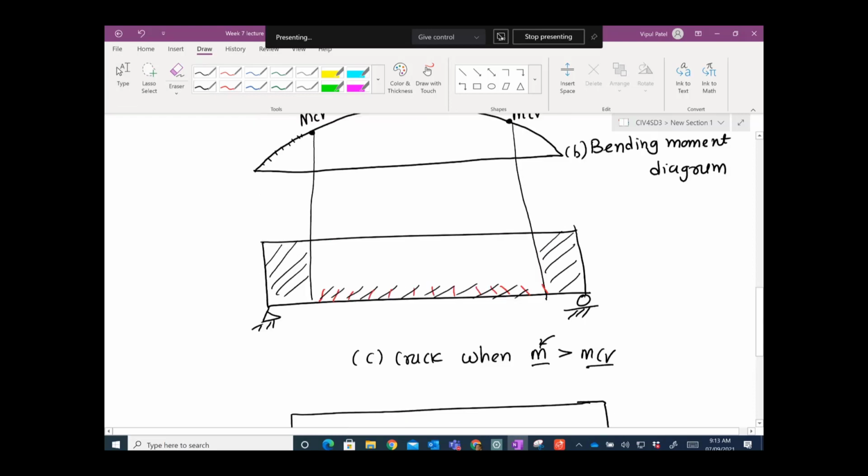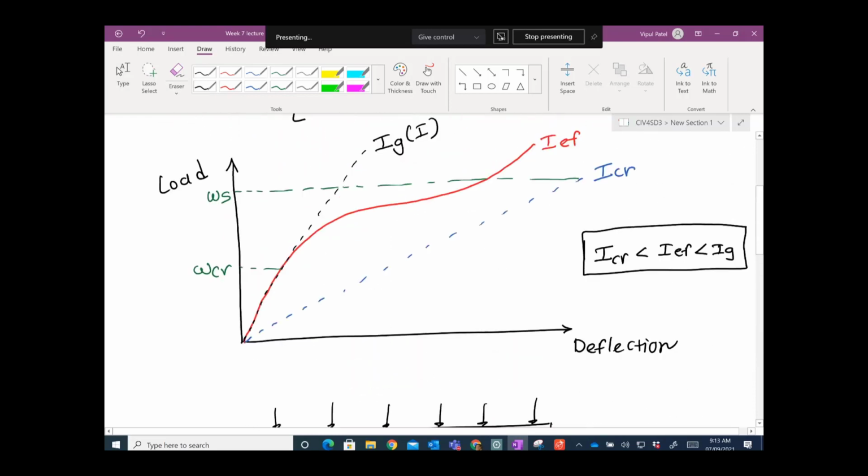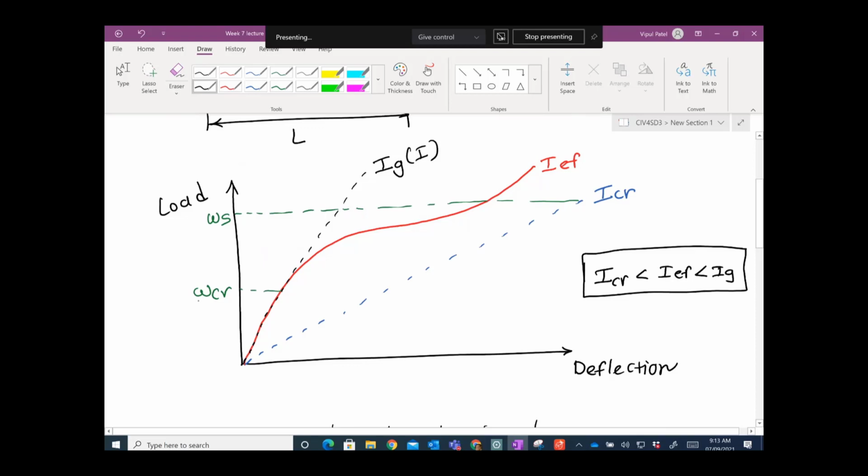Because it's cracked. Now that's what is explained here: you have this cracking load, you keep increasing the load, you reach this point, and then your beam will start cracking. So if I draw this line, this is your gross moment of inertia. For a rectangle, the gross moment of inertia is just I equals bd cubed over 12 plus Ad squared.